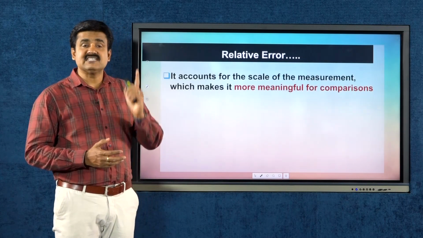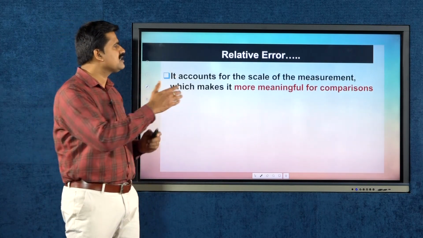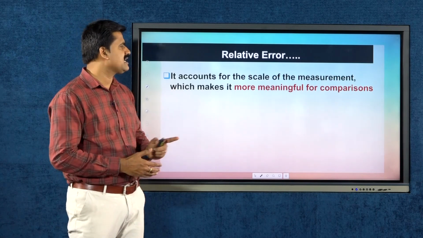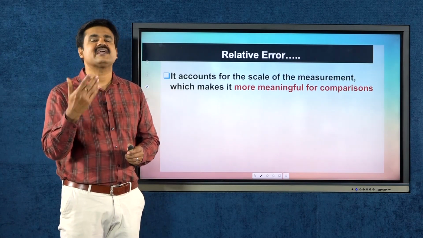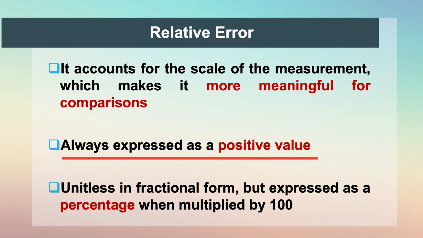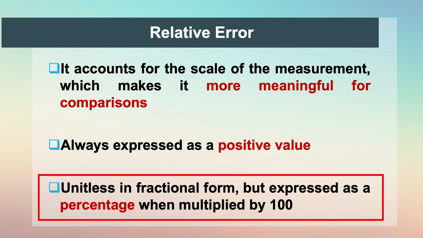Now, this relative error accounts for the scale of the measurement, which makes it more meaningful for comparison. This relative error is always expressed as a positive value, unitless in fractional form, but expressed as a percentage when multiplied with 100.